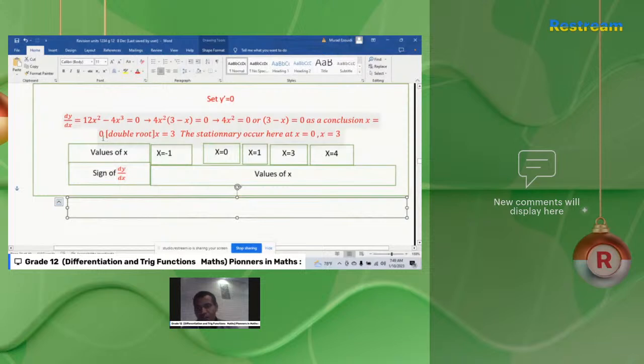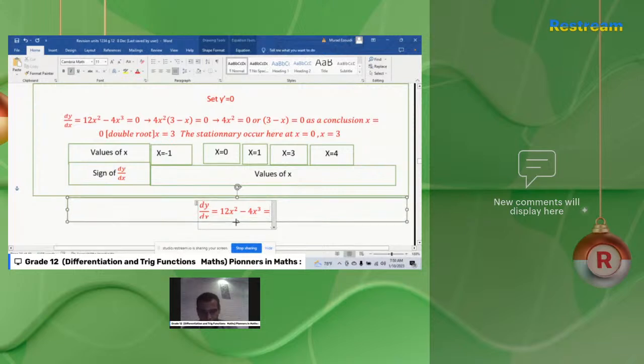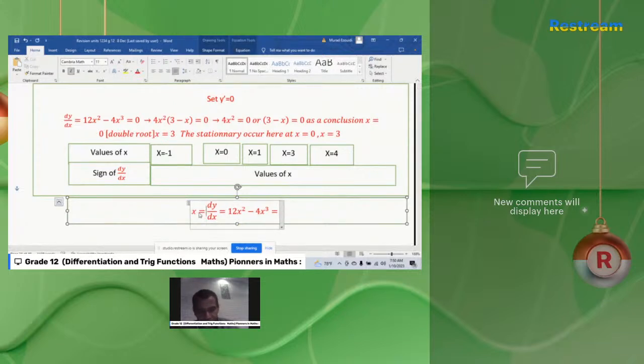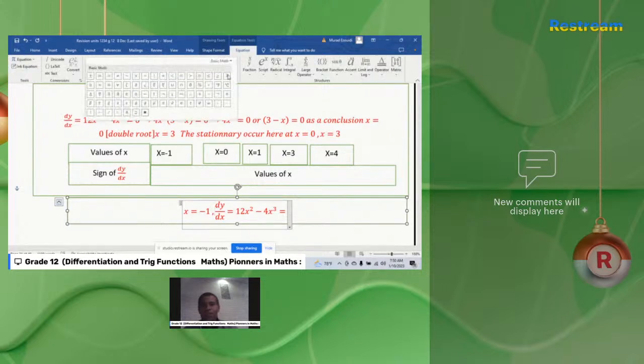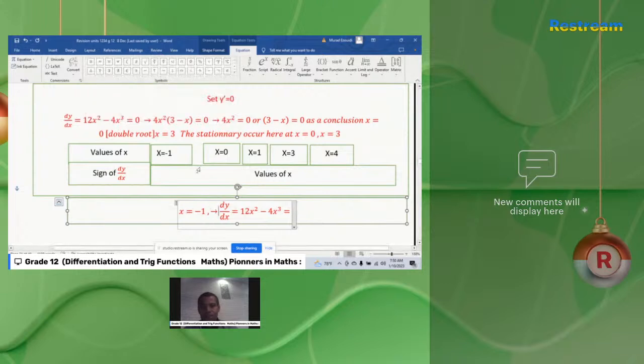Therefore, learners, y dash is this function. Now we check at, for example, x equals 1 and x equals minus 1.